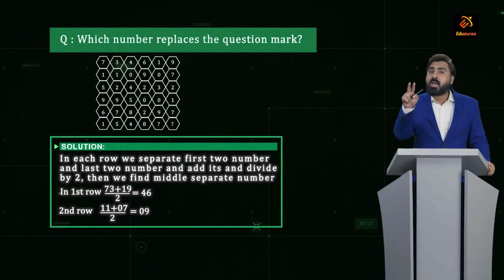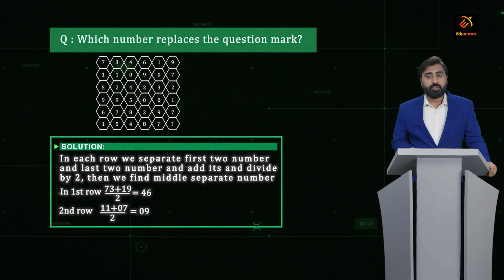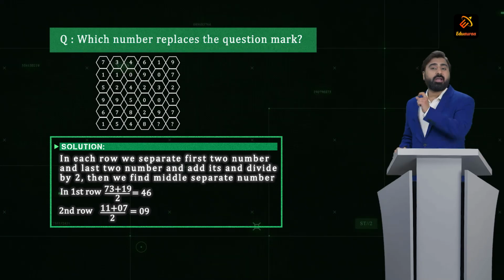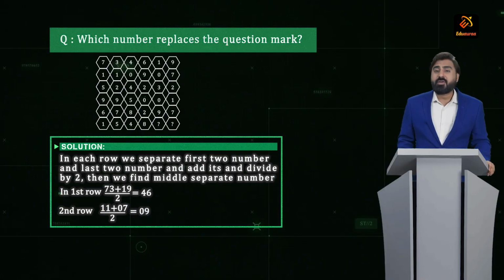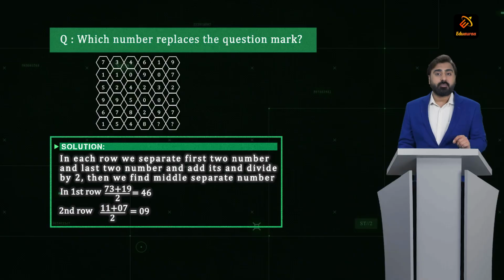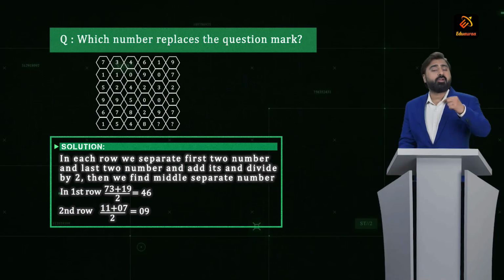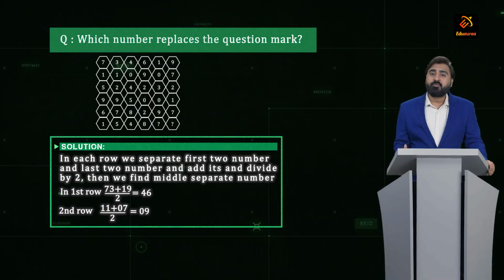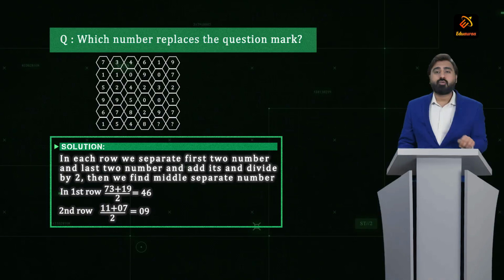When we consider the last two columns in the first row, it is 19. When we add 73 and 19, what is the total? 73 plus 19 gives us 92. 92 if we divide by 2, we get 46. That means the center two numbers.